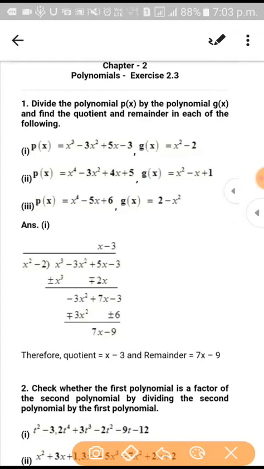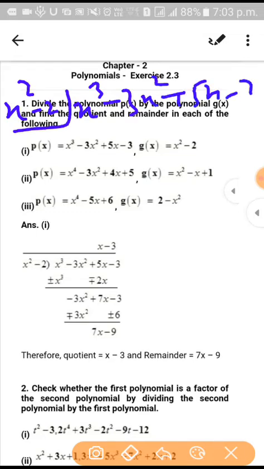So again I'm going to write x square minus 2 into x cube minus 3x square plus 5x minus 3. If any polynomial is not written in its standard form, in descending order of the power, then you have to rearrange it. It is written in decreasing order of the power, power 3, power 2, power 1, like this, both the dividend and the divisor.